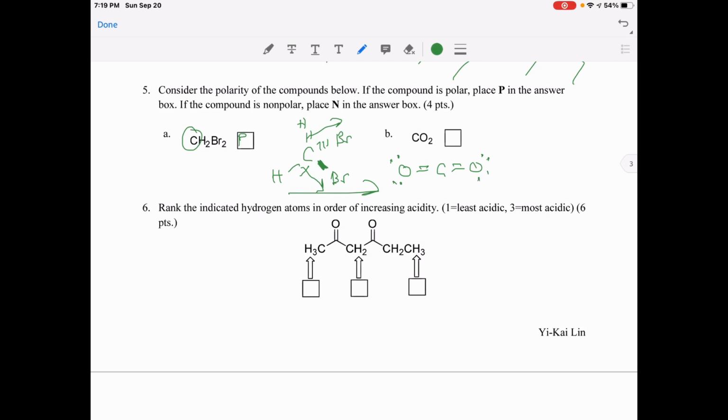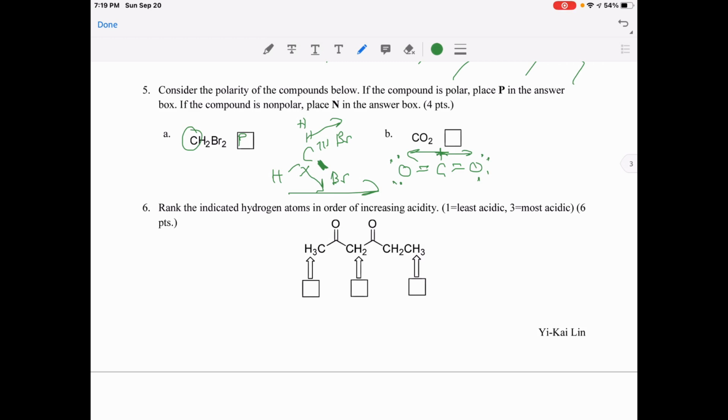When we draw the dipole moments, the first ones we should consider are the ones between the carbon and the oxygen. Because CO2 is a linear molecule, these 2 dipole moments cancel each other out. So that gives us a 0 dipole moment caused by these 2 individual dipole moments between the CO bonds.